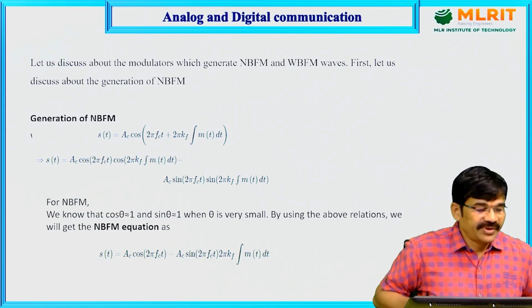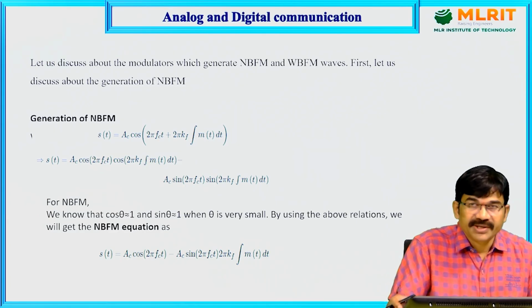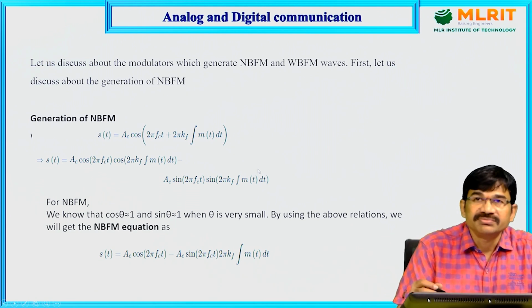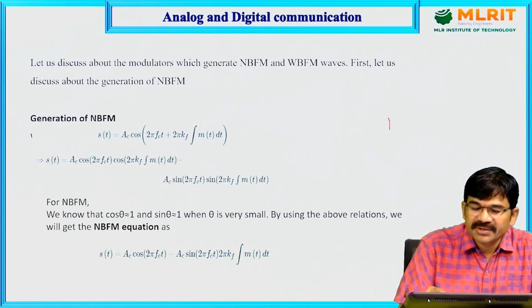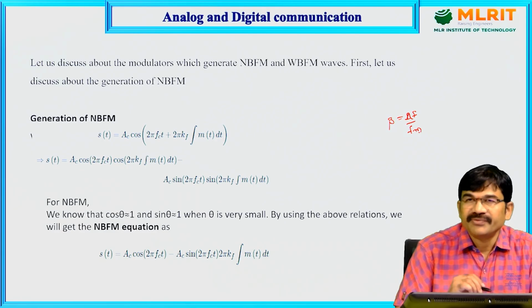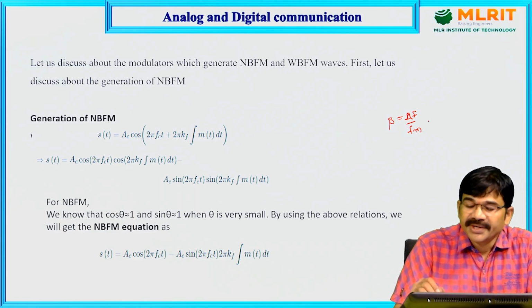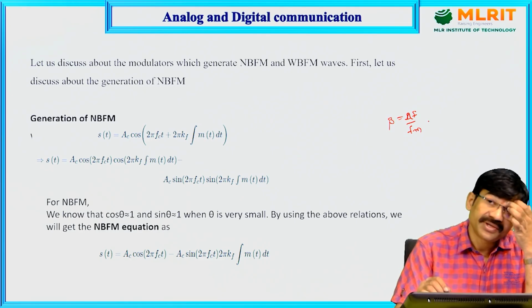Beta can be defined as del f by fm, where del f is the frequency deviation and fm is the maximum frequency component in the signal.